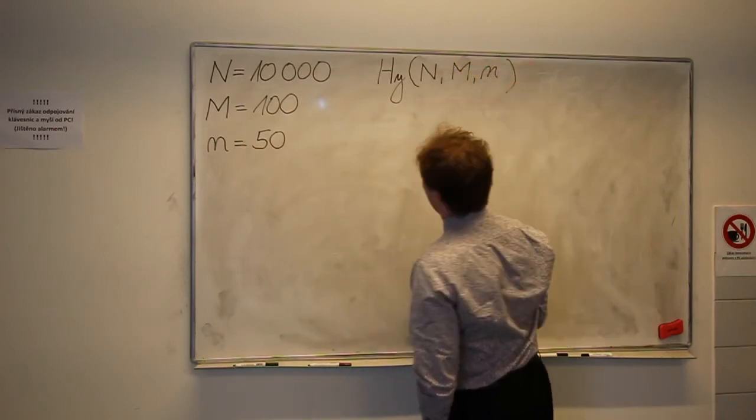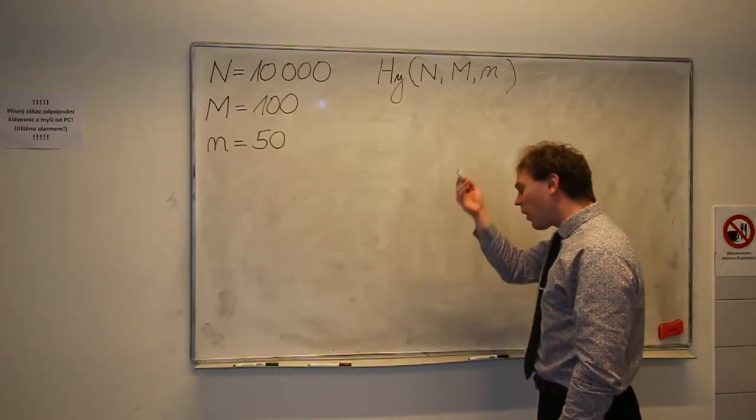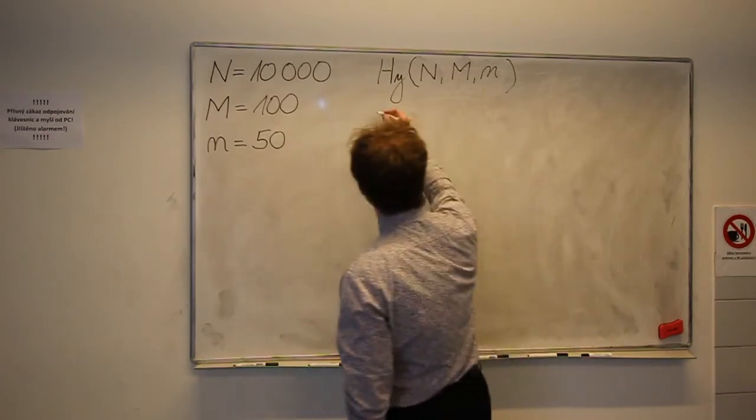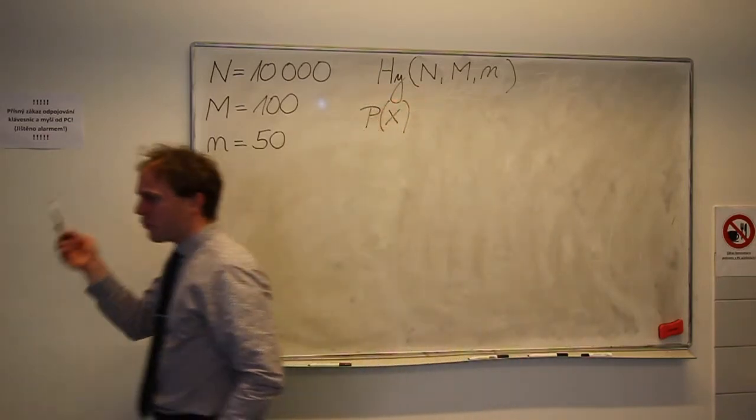So according to this, we can expect that this is a case of the hypergeometric distribution with parameters capital N, capital M, and small n, and we can calculate the probabilities according to this probability function.